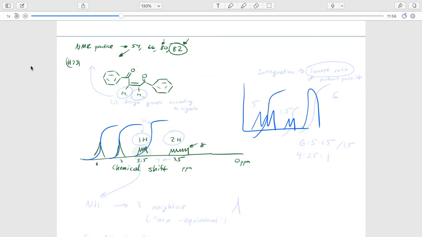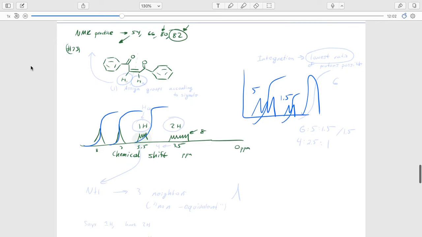So when we integrate it, say this is like 5, this is like 1.5, and then this is 6. Whenever you do the integration for the NMR, it's referring to the lowest ratio of protons possible. If we look at 1.5, obviously we can't have 1.5 protons. So what we have to do is take the ratio of them to each other.